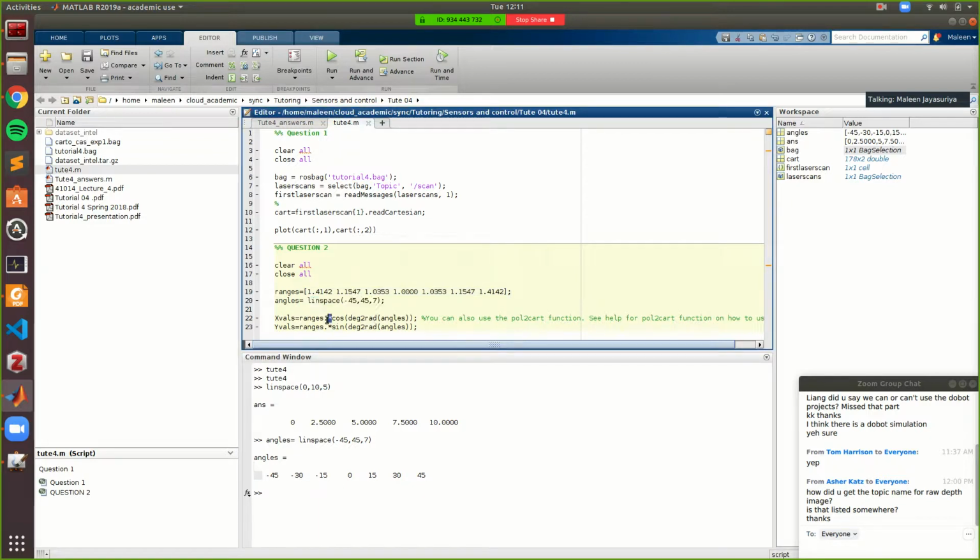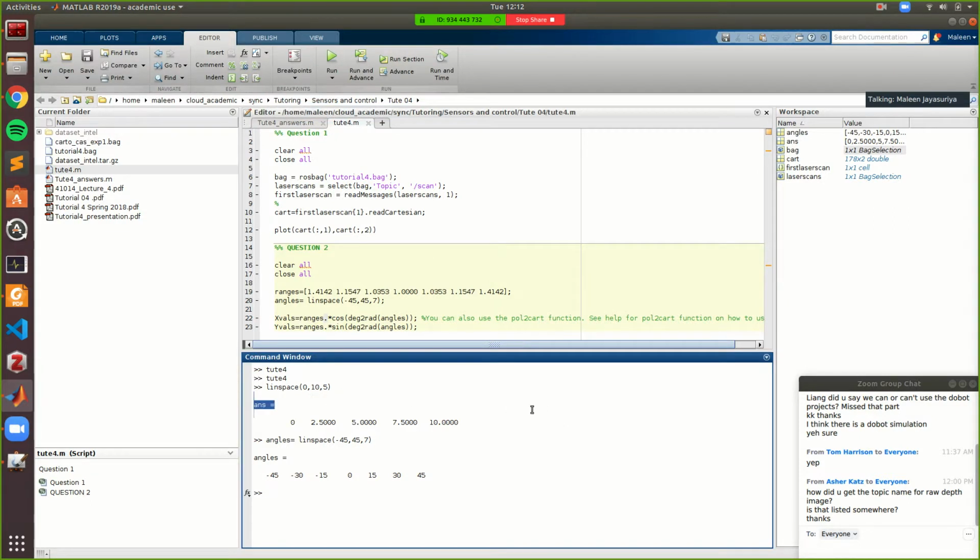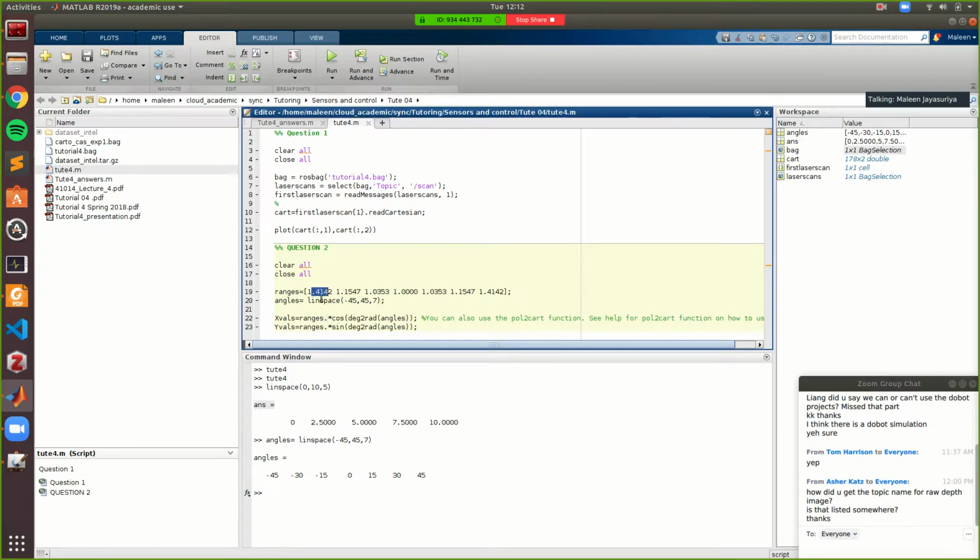And if I just use the multiplication sign, I'll be doing a matrix multiplication of two different arrays, right? And if you multiply a single array this way with an array this way, what you'll get is a matrix. And that's not what we want. We want each of these values to be multiplied by each of the values in this angle array. So we use this dot multiplication. It's called element-wise multiplication, right?